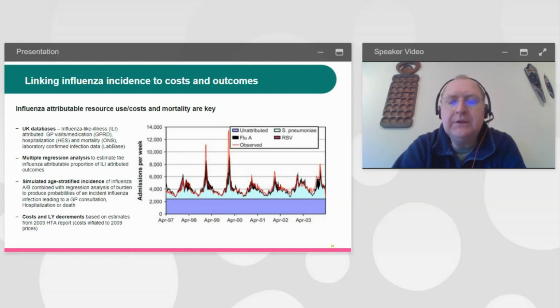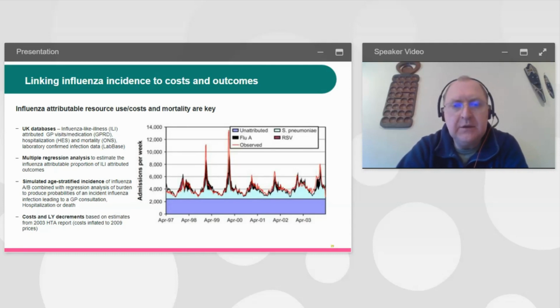And so we had to tease out the flu component, and that was done using a multiple regression approach, where we used the temporal dynamics in laboratory confirmed cases of a panel of pathogens, all of which could cause ILI, including flu, RSV, all the ones that I mentioned.